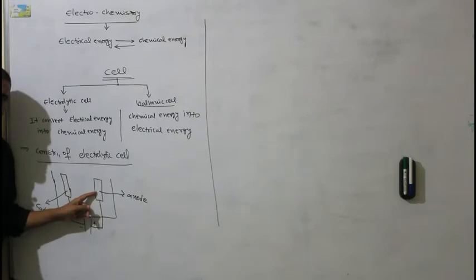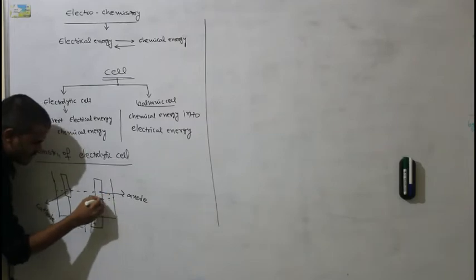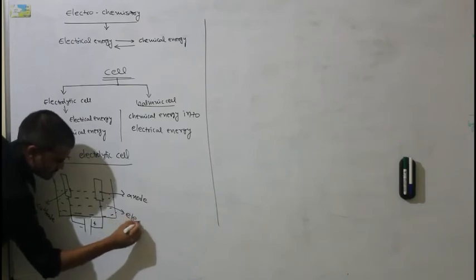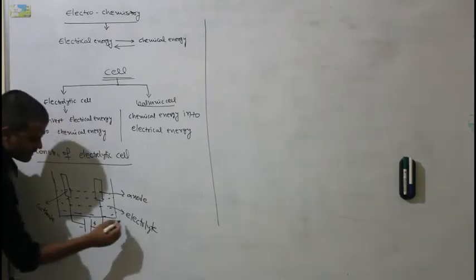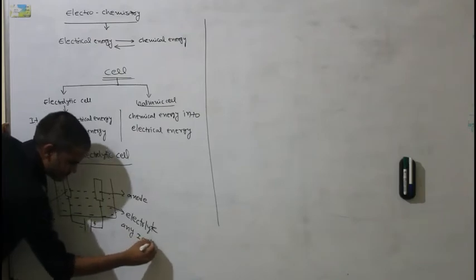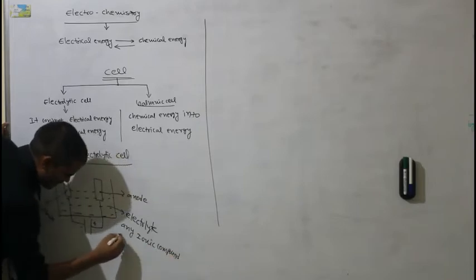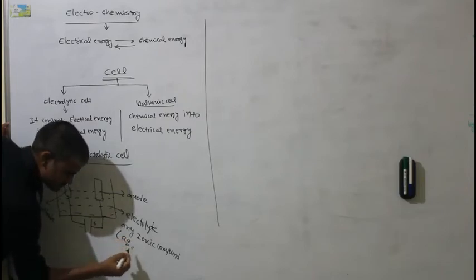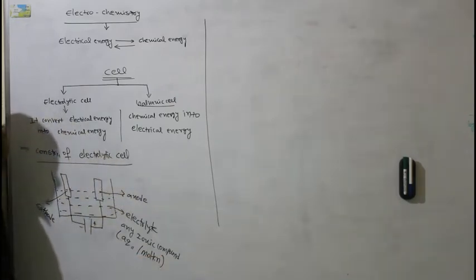Between cathode and anode, to conduct electricity, we need a substance called an electrolyte. This electrolyte may be any ionic compound, in aqueous form or in molten state, to conduct electricity.